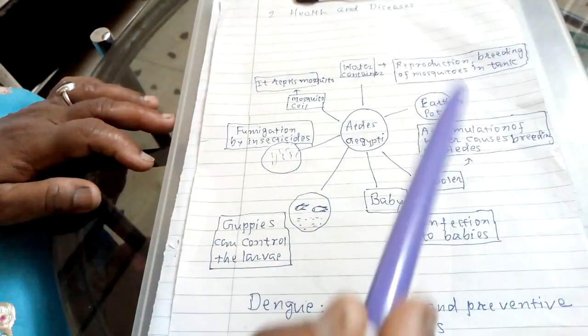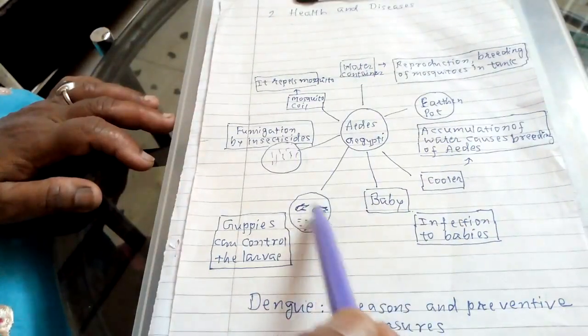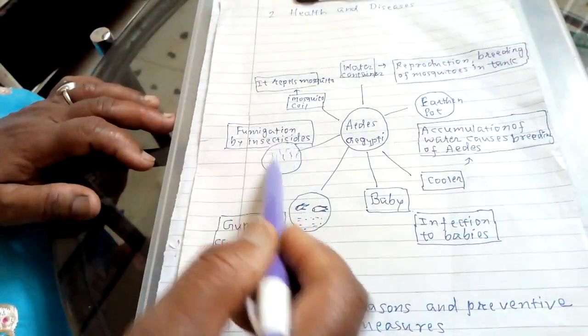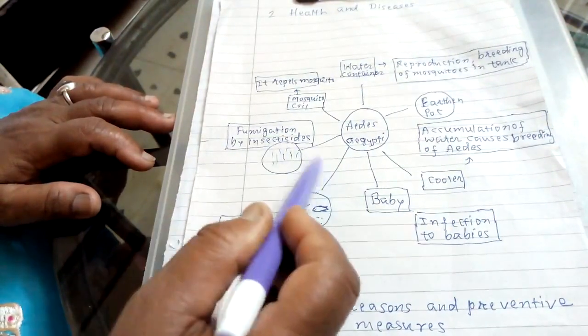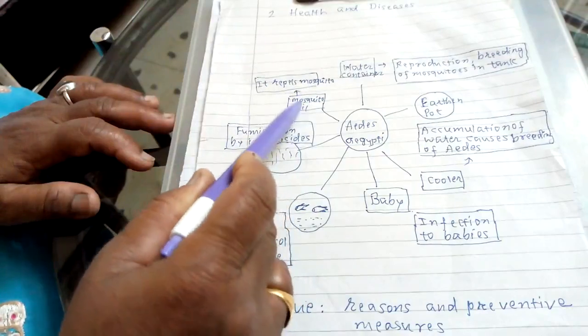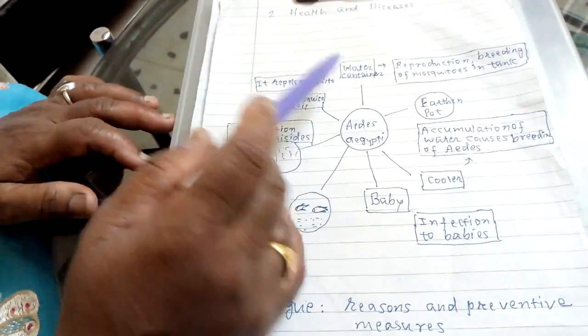Here an earthen pot is shown, here a cooler, here a picture of a baby, here fishes, and here one person is spraying insecticide. Then a mosquito coil and water containers are also shown.